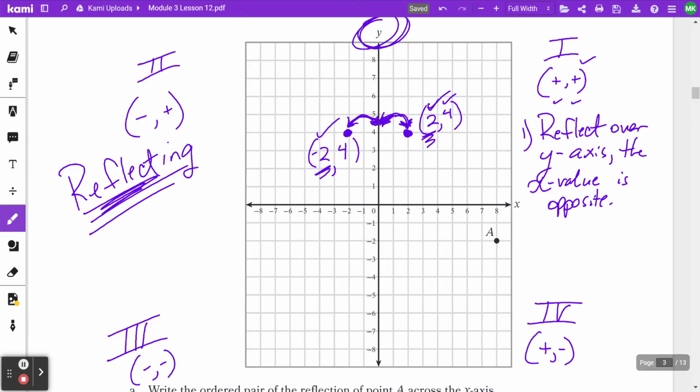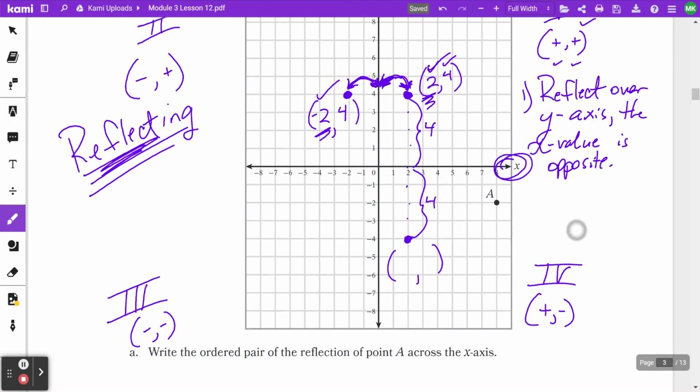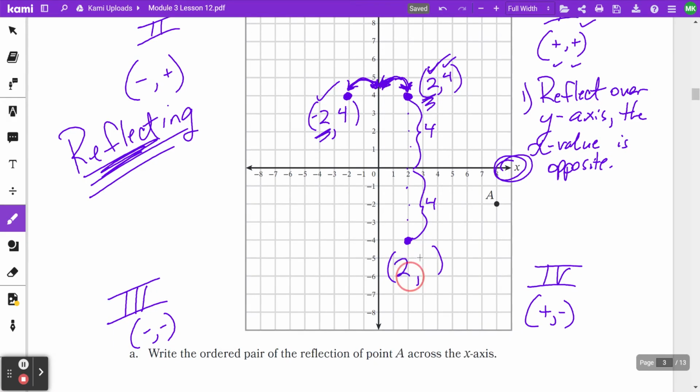Now I bet you can guess what happens if I then reflect over the x-axis. If I want the same distance from the x-axis but on the other side, I count 1, 2, 3, 4 away, but on the other side. There's my point. So 4 from this side, 4 from this side, and now my ordered pair changes as well. Except this time, my x value stays exactly the same, but my y value becomes the opposite.